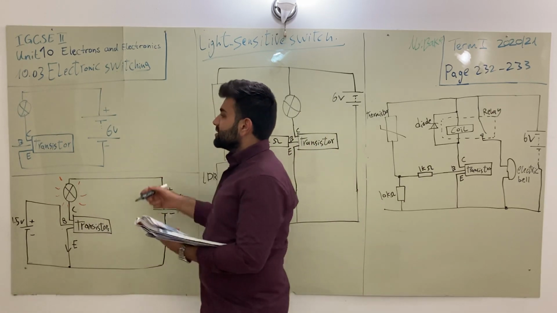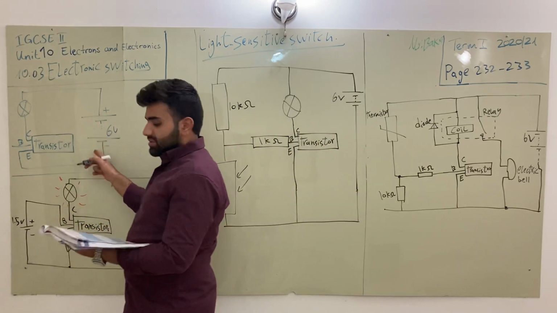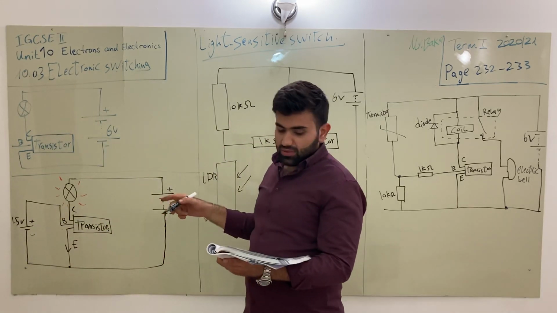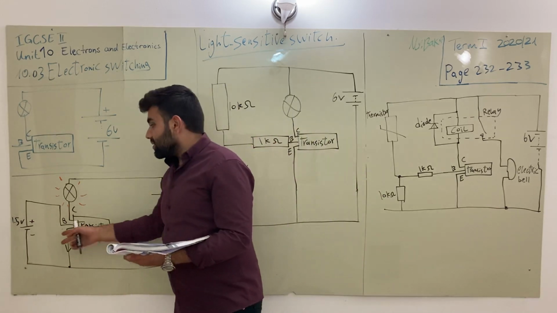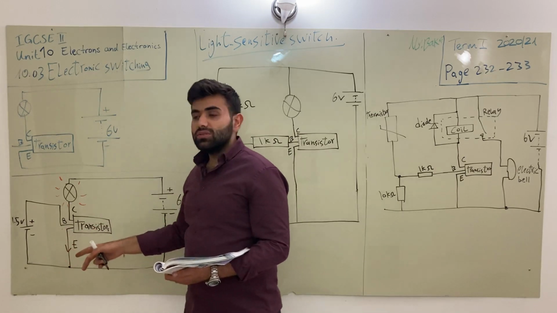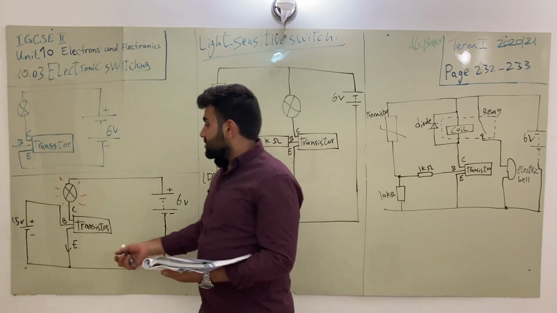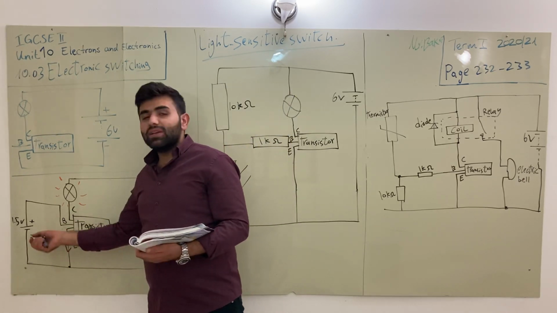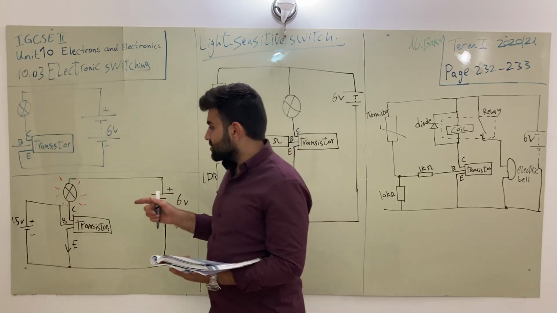Now as you can see here, we have a transistor, okay? And the lamp here is not working, it's switched off. Now how will we switch it on? It's by doing the same. We apply the potential divider on the transistor by applying a small voltage. So the transistor is off, but when you apply a small voltage on it, it will switch on.